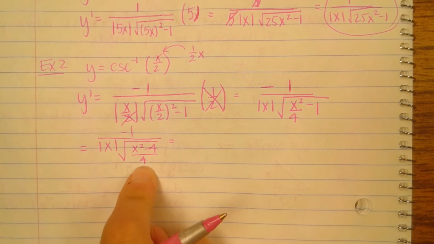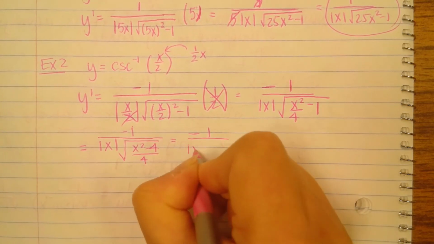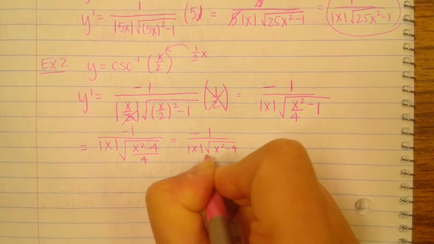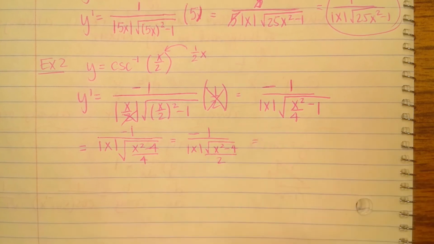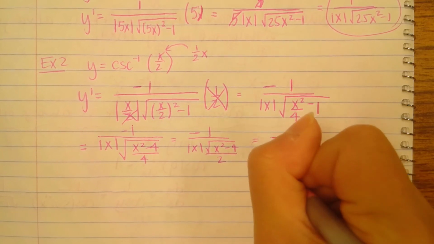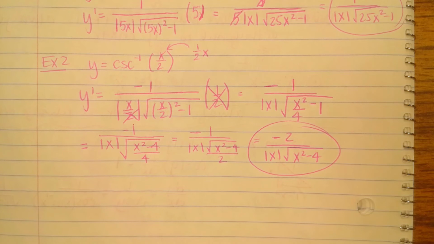So I'd get the square root of x squared minus 4 over 2. And then last but not least, I could multiply by the reciprocal and move that 2 up to the numerator to give my final answer that's much more simplified than my original answer, of -2 over absolute value of x times the square root of x squared minus 4.